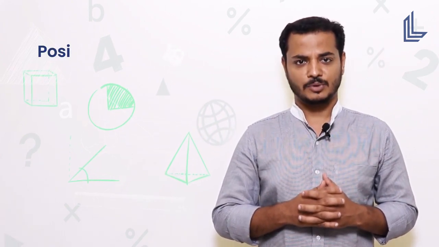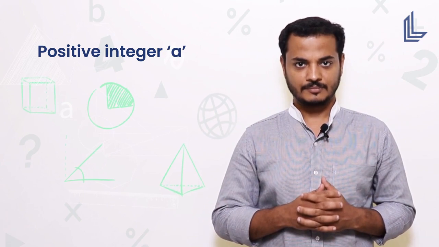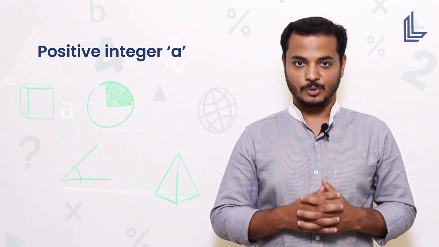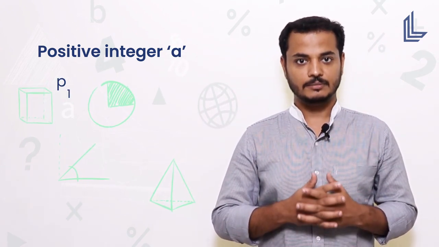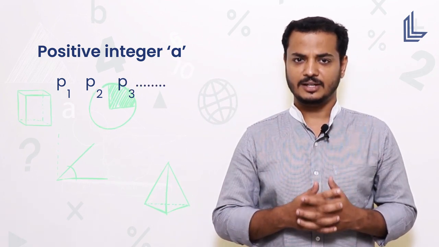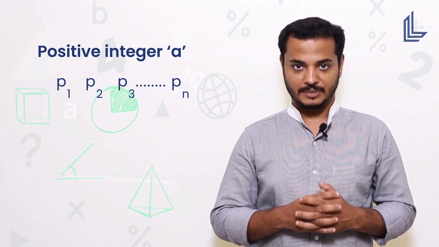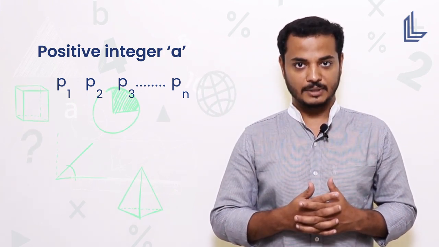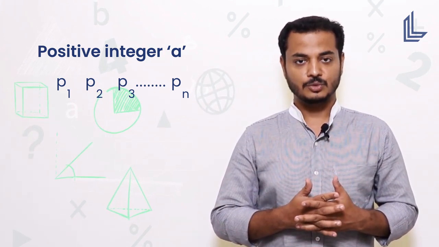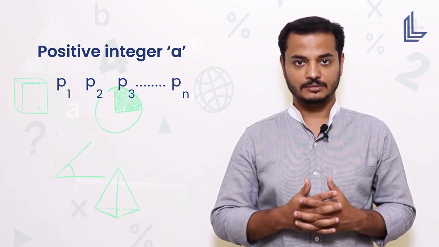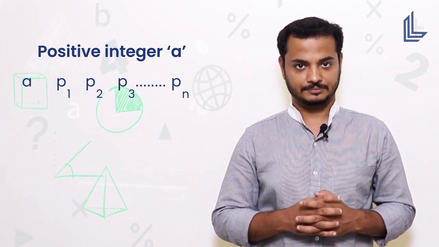Consider any positive integer a. Let's say a is composed of prime factors p1, p2, p3, etc. till pn. What does it mean? It means that each of these prime numbers, that is p1, p2, p3, etc. till pn, will divide a.